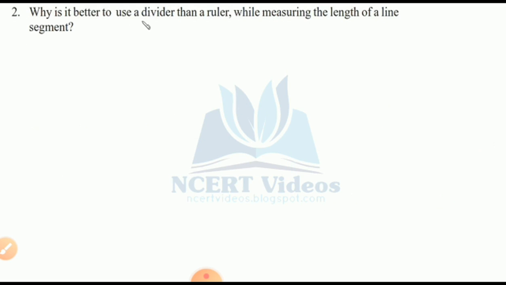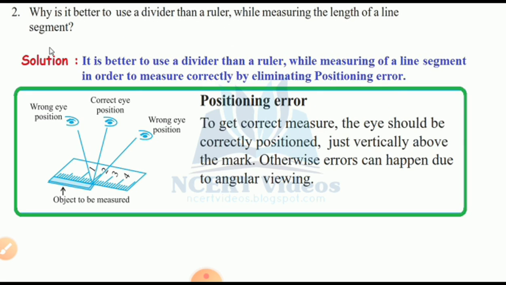Question number 2. Why is it better to use a divider than a ruler while measuring the length of a line segment? Same as question number 1, we can see a line segment can be observed in three ways. Three eyes are given. If your eye is exactly above the mark on the line segment, you get the correct answer; otherwise, on the left and right side you have a positioning error.